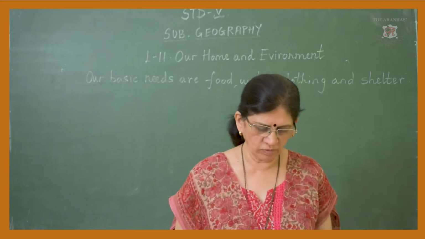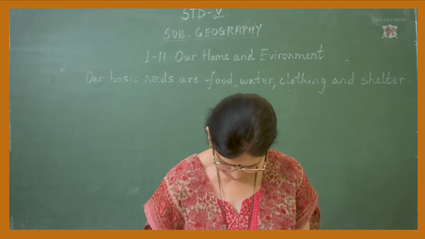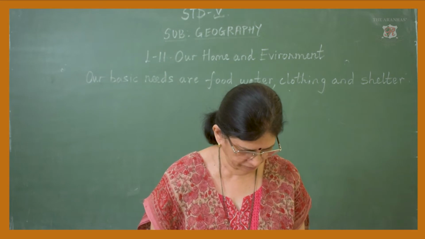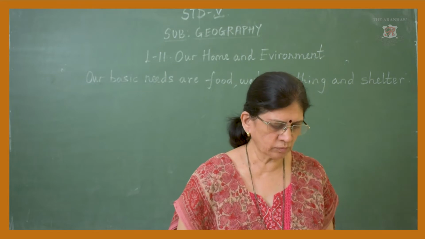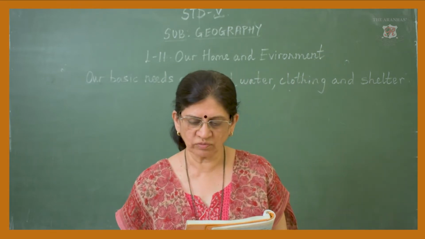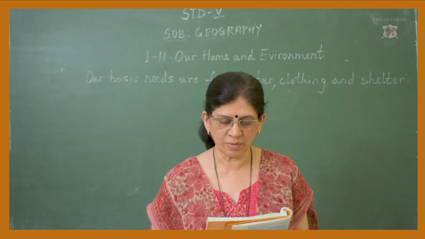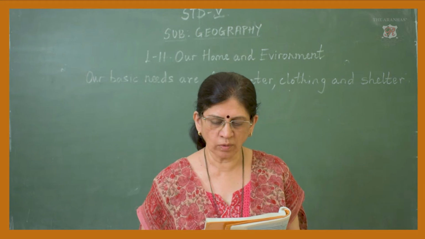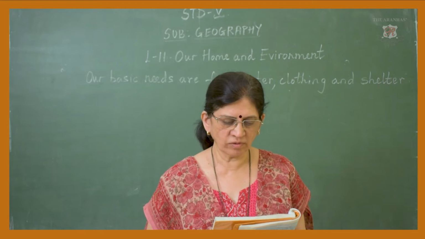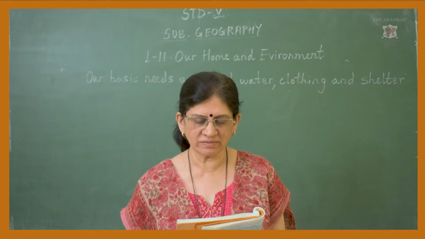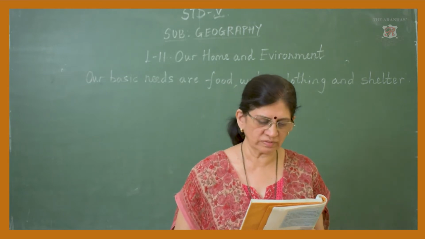Now let us see what materials are used for building houses. Materials such as bricks, cement, iron, wood, water, rubble, glass, sand, floor tiles, roof tiles, tin sheets, etc. are used for building houses.